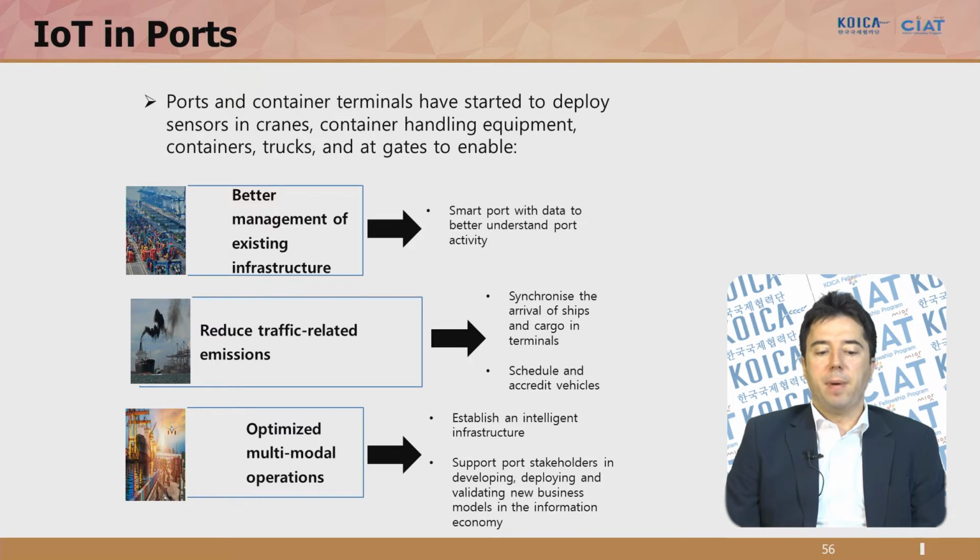The number one is better management of existing infrastructure. So a smart port with data to better understand port activity. This is more generally, how can we improve port processes? The second one is to reduce traffic-related emissions. So how can we, for example, synchronize the arrival of ships and cargo in terminals? Via smart data, we are able to optimize processes of ships coming in and out of the port area.